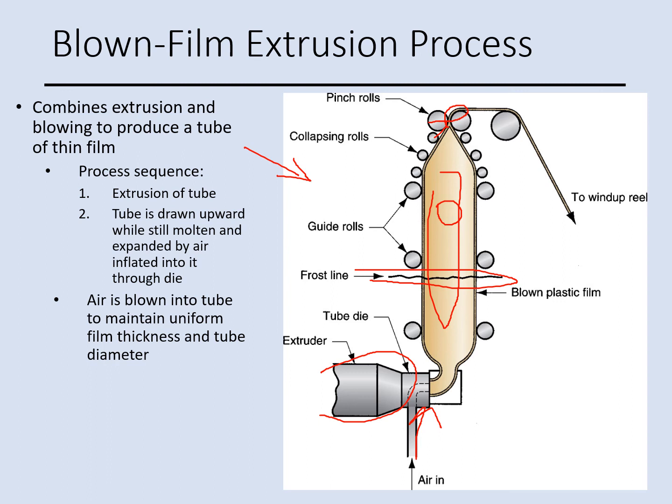And there are some guide rolls and collapsing rolls, which are used to restrain the blown tube and direct it in toward the pinch roll. Then the flat tube is collected by the wind-up roll in this section.